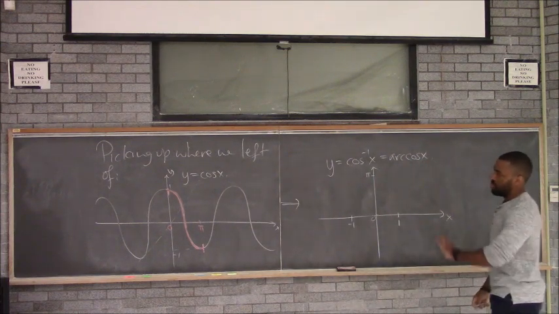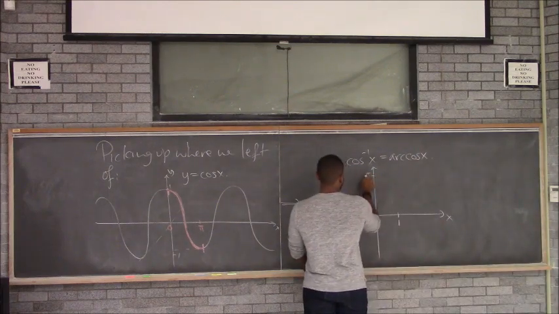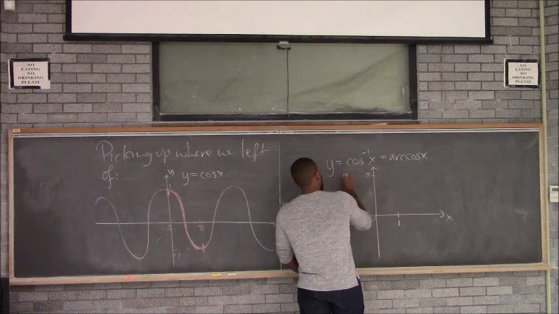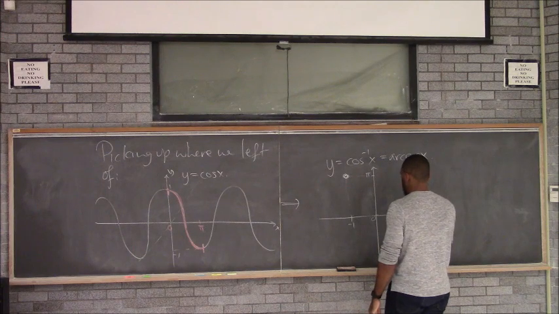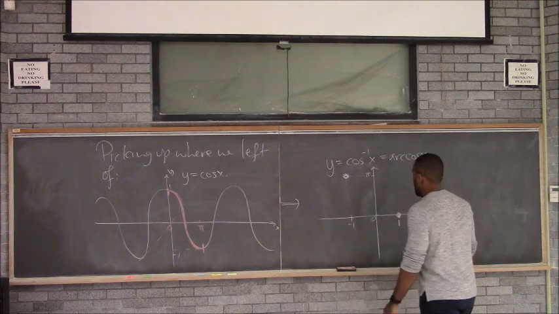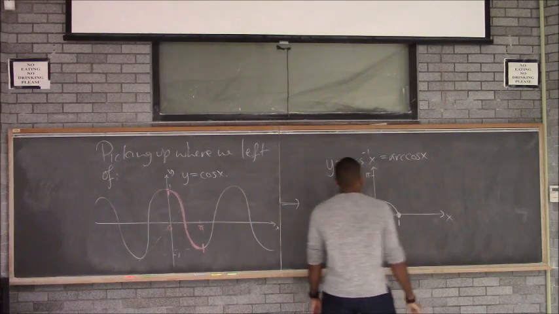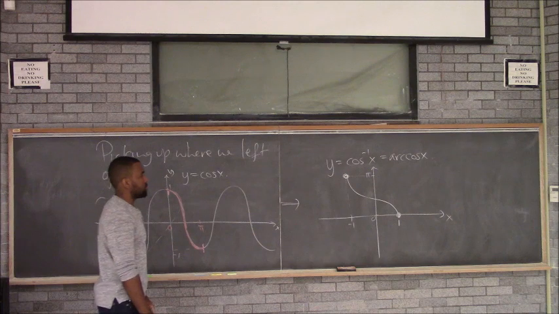If you flip that over y equals x, that's going to be the point, and that's going to be the point, and it's going to look like this. A graph that looks like that. It's the cosine inverse graph.